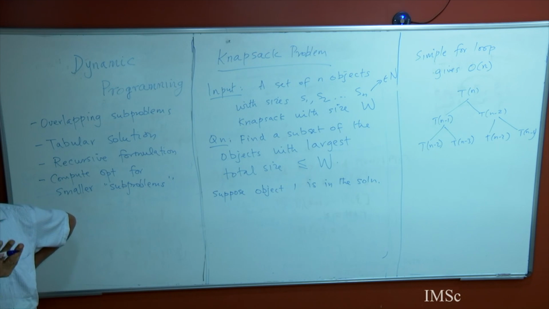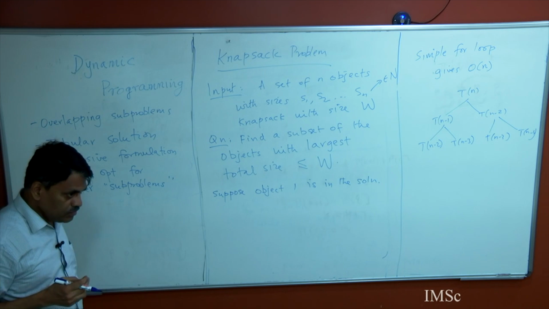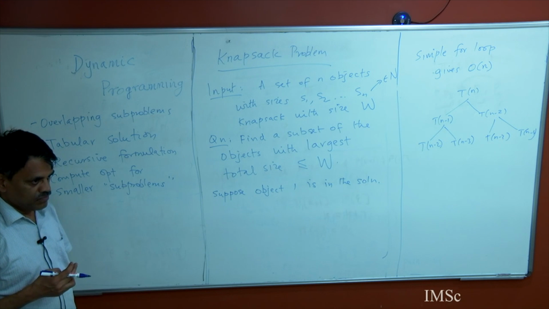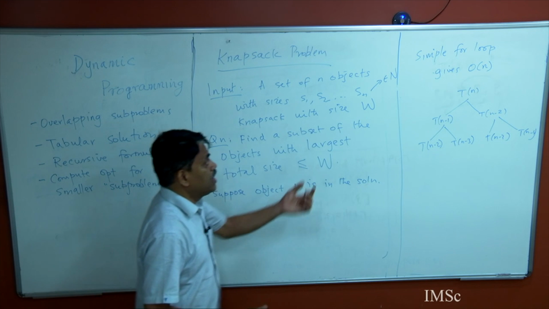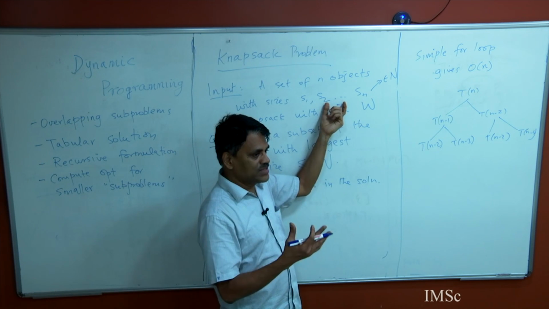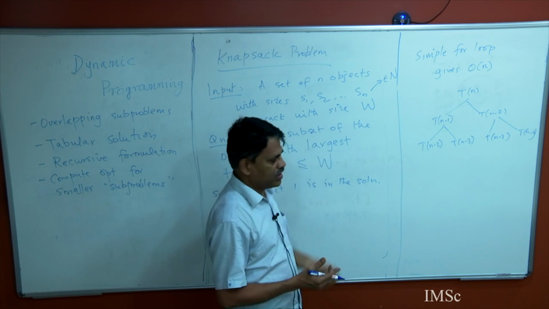Then what would be the remaining subproblem we have to solve? W minus the size of the first. We need to find another object such that the weight would be W minus the size. Right. Now I want to find a subset of objects in 2 to n whose total weight is at most W minus S1, with the largest size, right.